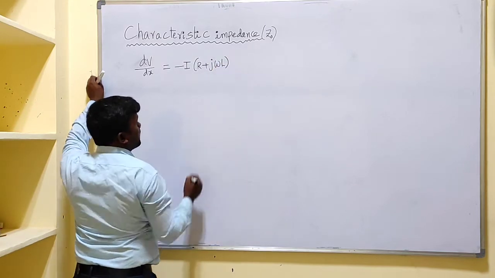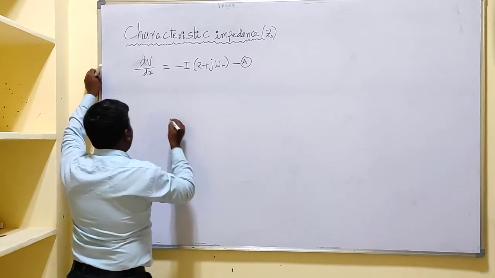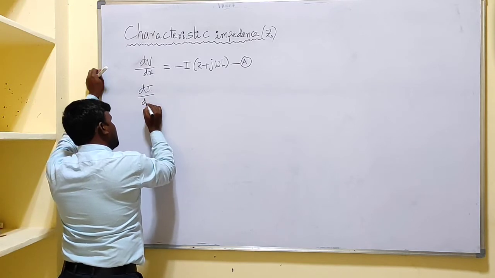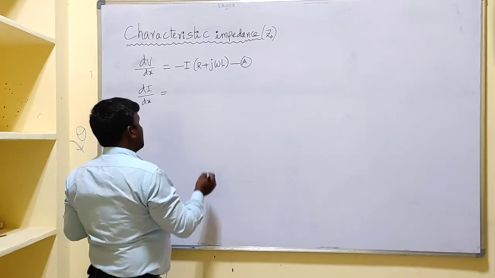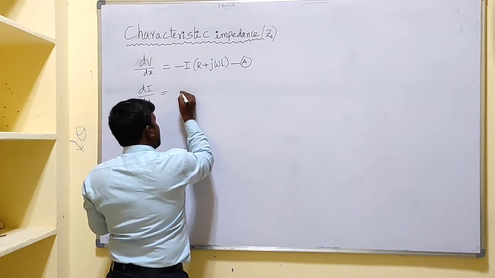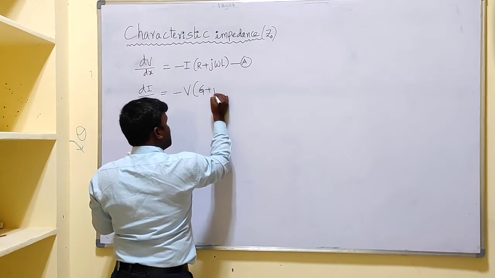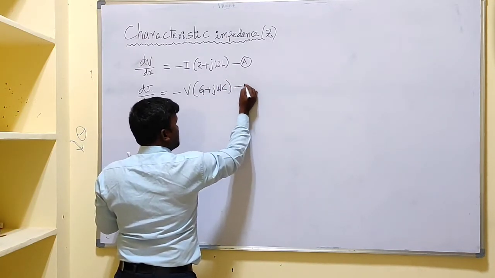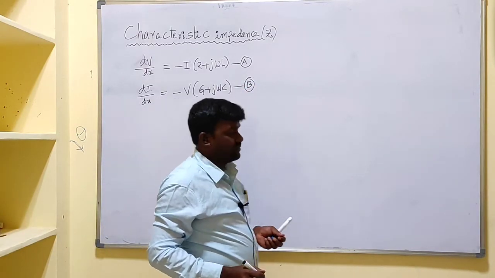We derived this as equation A. Next, dI by dx is equal to minus V into (G plus j omega C). This is equation B. Already we derived these in the previous video.